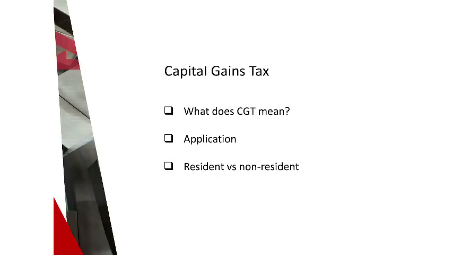So this will include obviously the purchase price, then your transfer duty costs, even your estate agent commission, and also includes renovations to the property, but not routine maintenance activities.